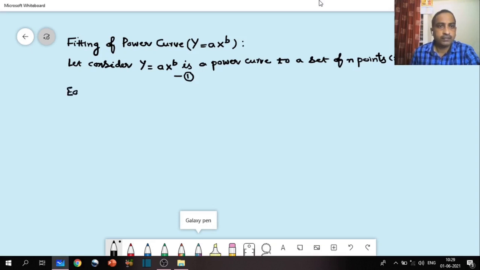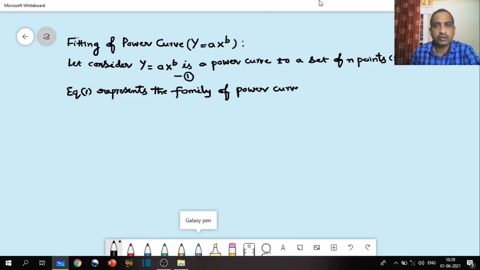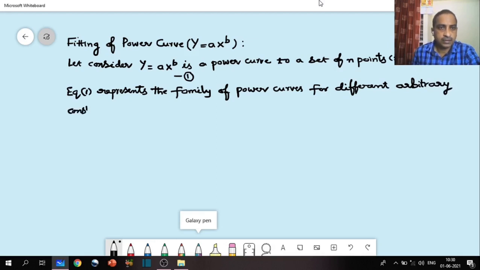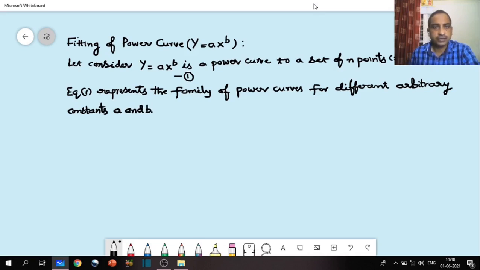So equation 1 represents the family of power curves for different arbitrary constants a and b.